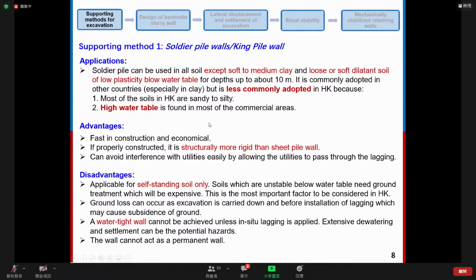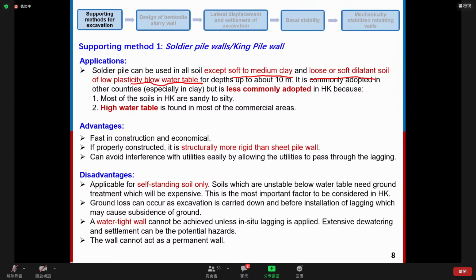Soldier pile can be used in many types of soil, except soft to medium clay and loose or soft dilatant soil, or the soil below the water table. The reason for this is that large deformation is likely to happen during the installation of the soldier pile and the leggings.